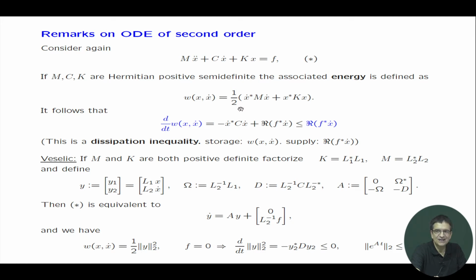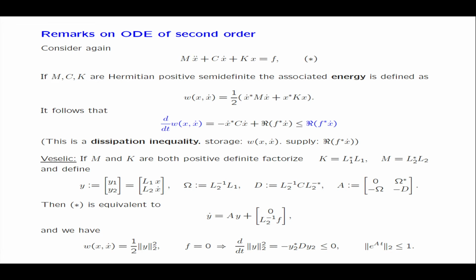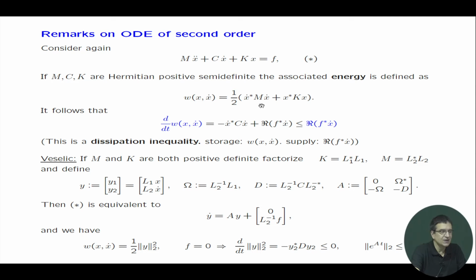As you know from basic mechanics, the energy is the sum of the potential and the kinetic energy. But what is the kinetic energy? It's the squared velocity times the mass, and 1/2 of this. So in the matrix-vector case, you take the velocity and multiply it from left and right with the mass matrix and take 1/2 of this.